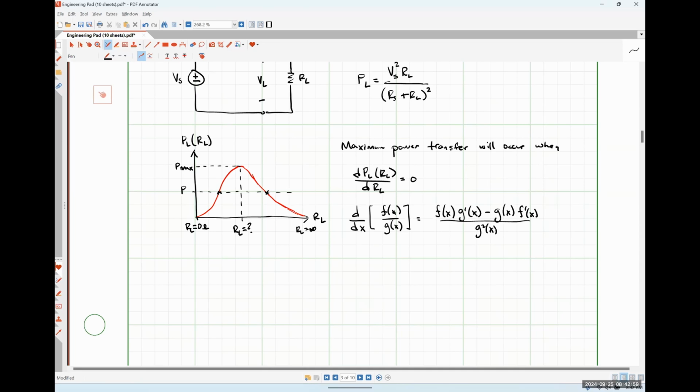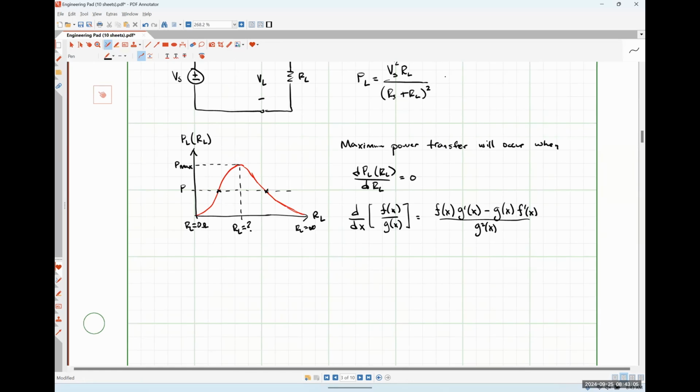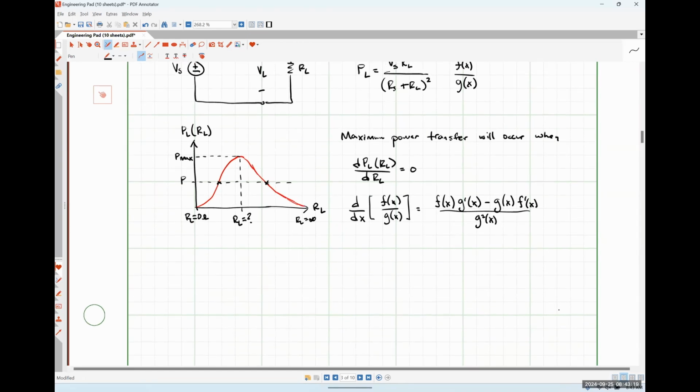Okay. So we're going to let Vs squared times RL be f of x, and we're going to let Rs plus RL quantity squared be g of x. All right. So let me just come over here really quickly.